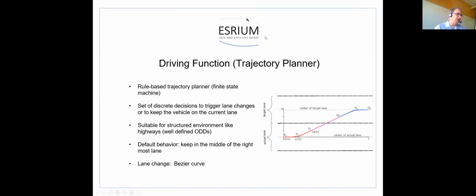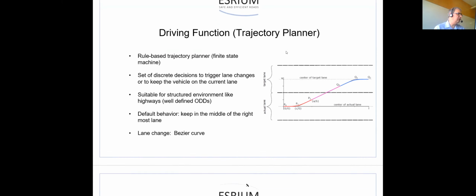The default behavior is to keep the vehicle in the middle of the rightmost lane, and only if there is an IV message or a slower vehicle, the driving function triggers a lane change to another lane. The lane change is done with two quadratic Bézier curves and a connecting straight.